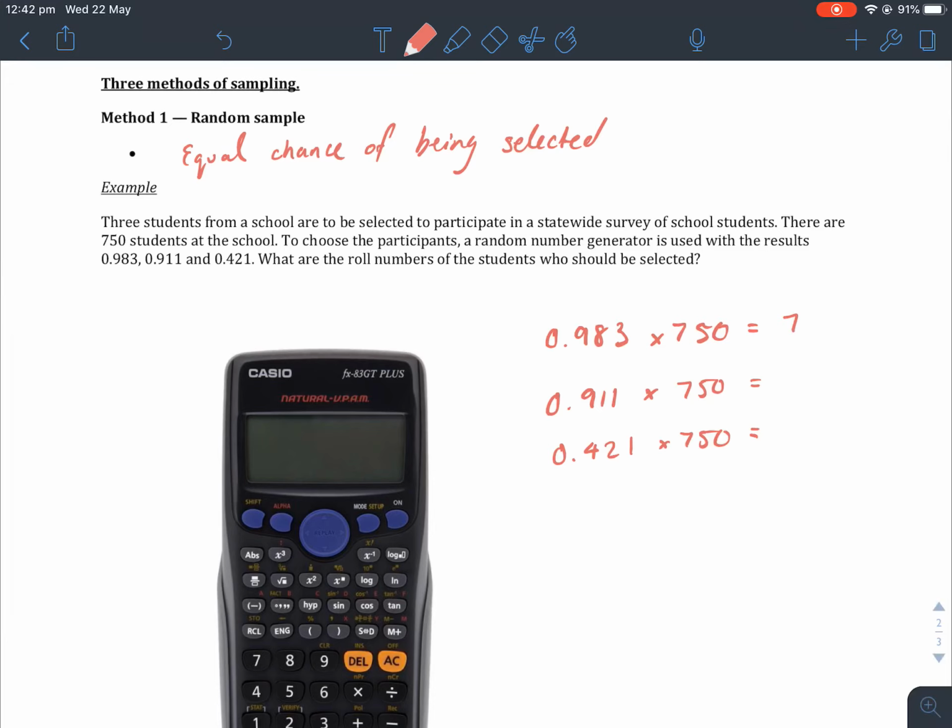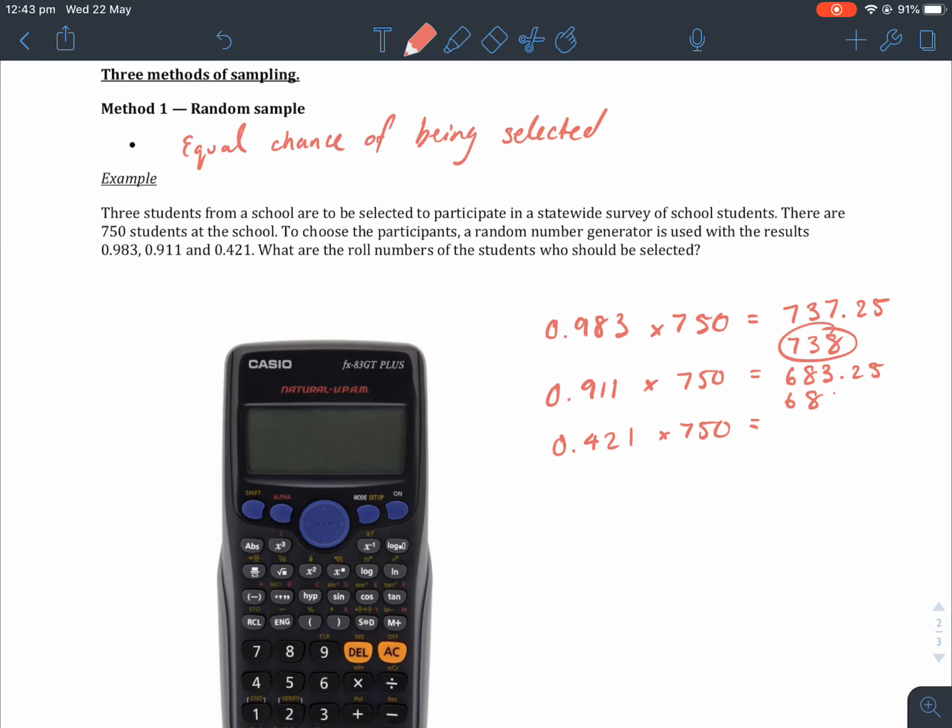The first one is 737.25, but hang on, you can't have 0.25 of a student, so you always need to round up, okay? It would be 738, would be the first roll number. The second one, 683.25, but we don't want 0.25 of a student, so always round up. 684 would be the next roll number.